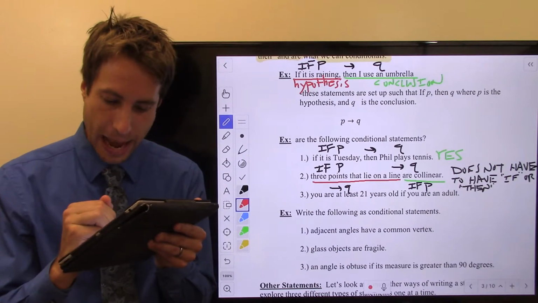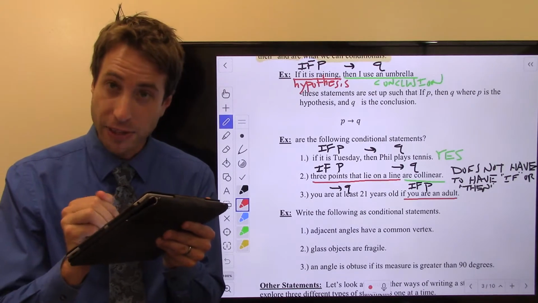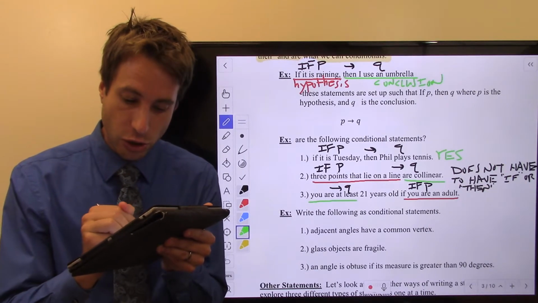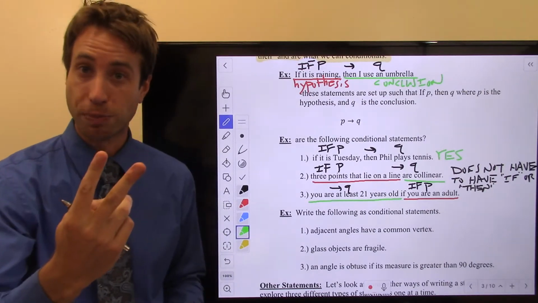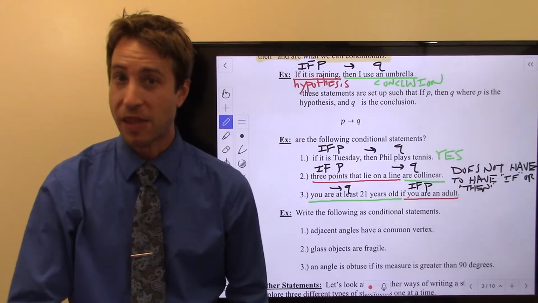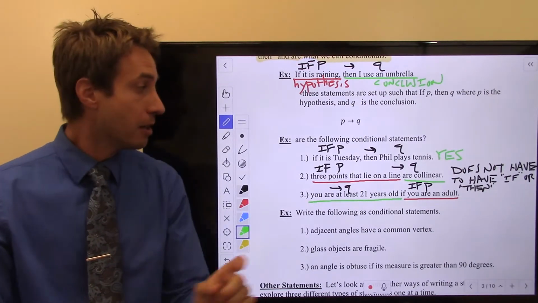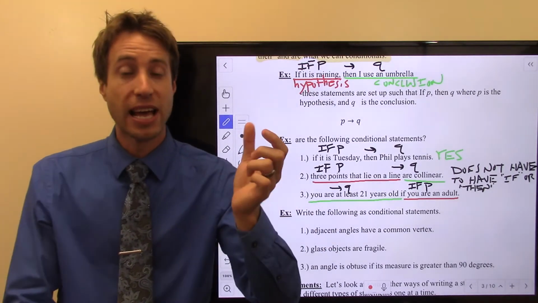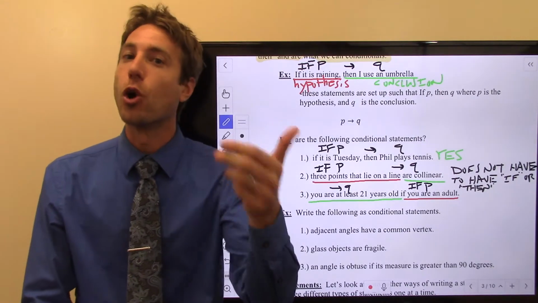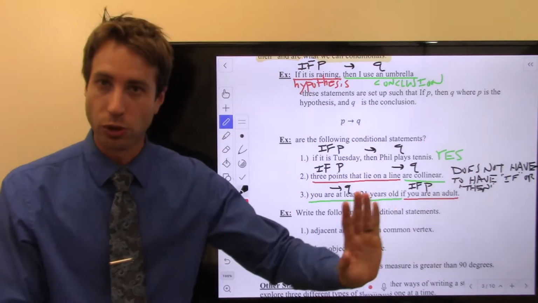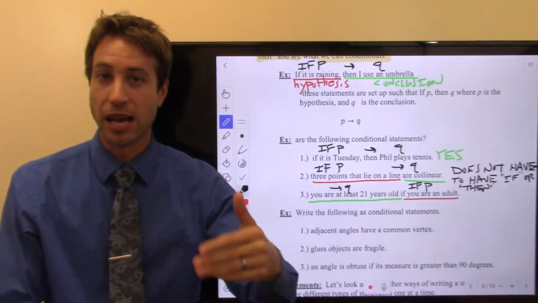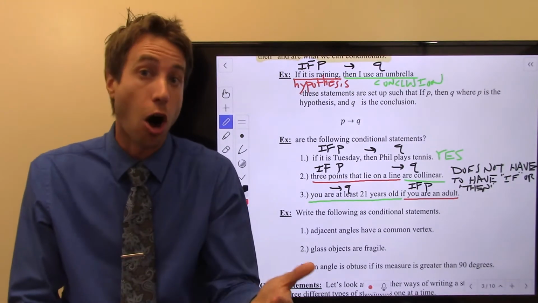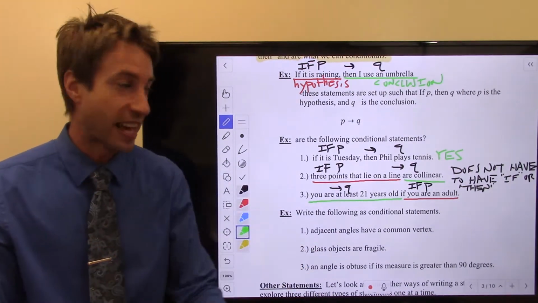But please look at what's happened. The hypothesis and the conclusion have switched places. That's okay. When they switch places, we call that something special, which we'll look at on a later page of the notes. It's called a converse statement. We'll go over that again in a second.